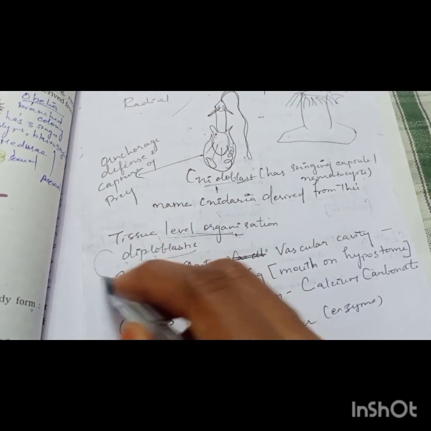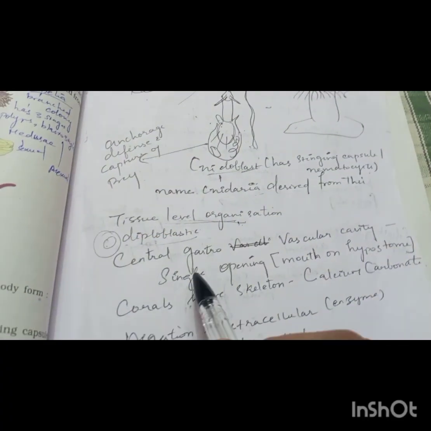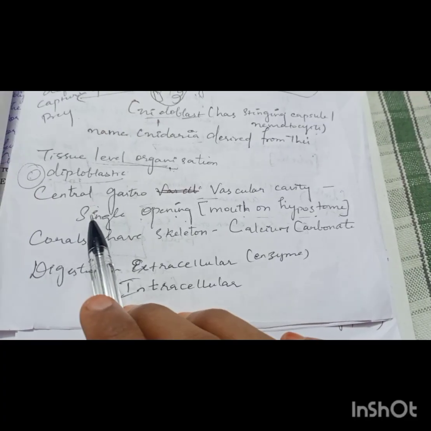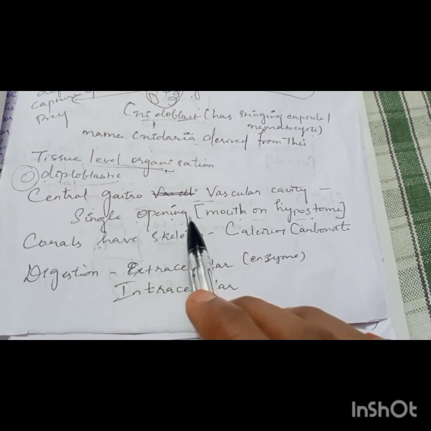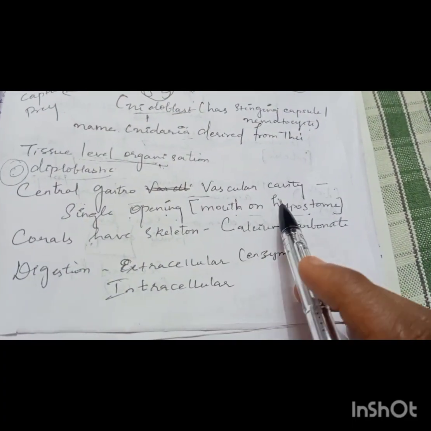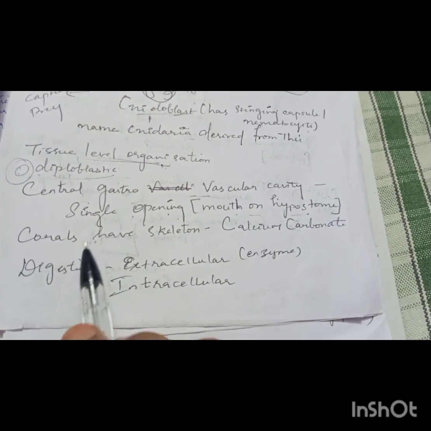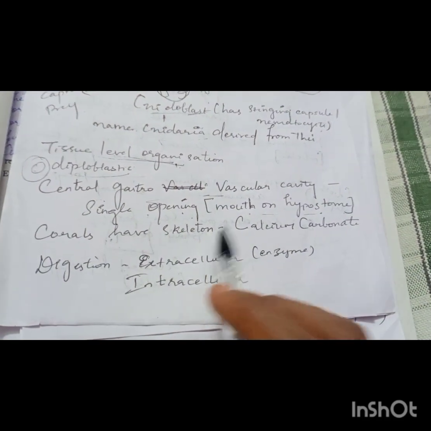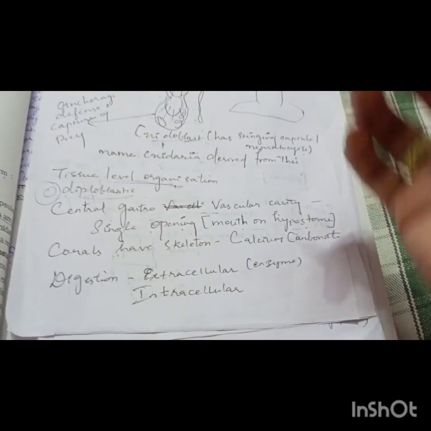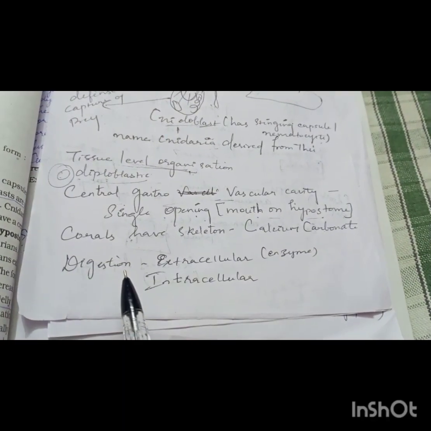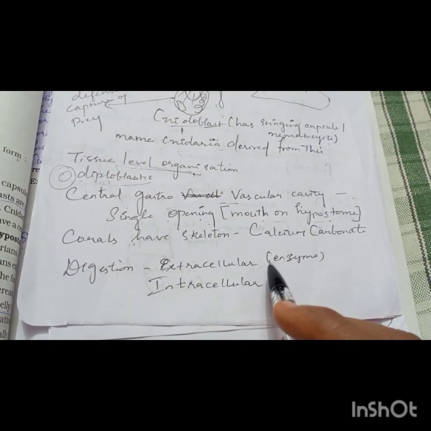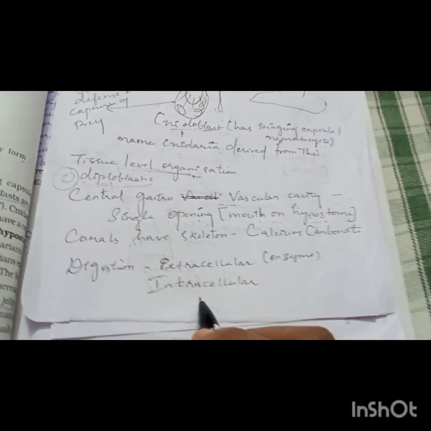It consists of ectoderm and endoderm. It has a central gastrovascular cavity and it has a single opening, the mouth, on a hypostome. The corals have a skeleton made up of calcium carbonate, so the corals are included in this category. Digestion is extracellular and intracellular.